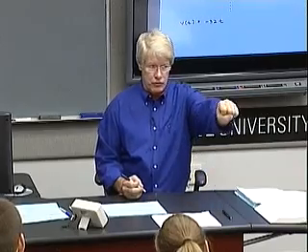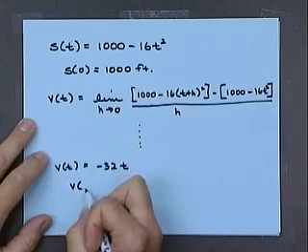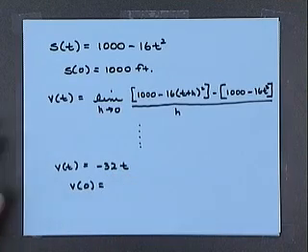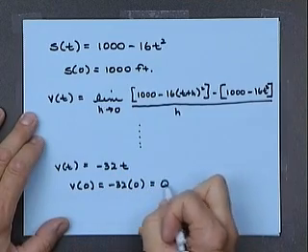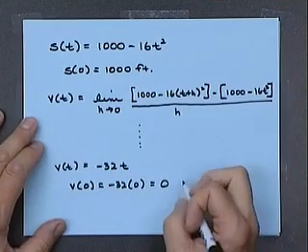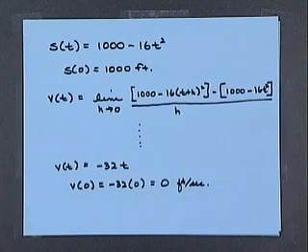Let's see if we can validate the fact that this object was just released from the top of this 1,000-foot building at time 0. So we want the velocity at time 0. If we plug that into the equation and use the appropriate units, its initial velocity was 0 feet per second.